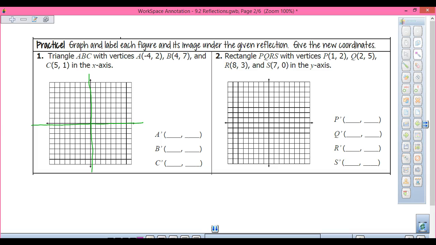We talked about you have to label your points. So A is -4, 2. B is 4, 7. C is 5, 1.